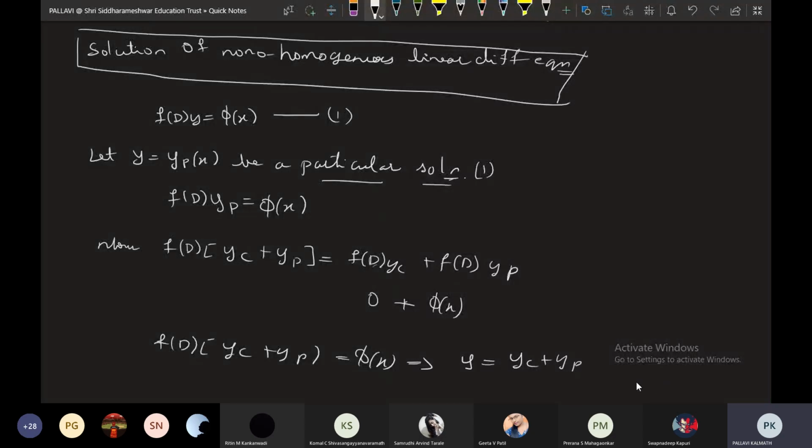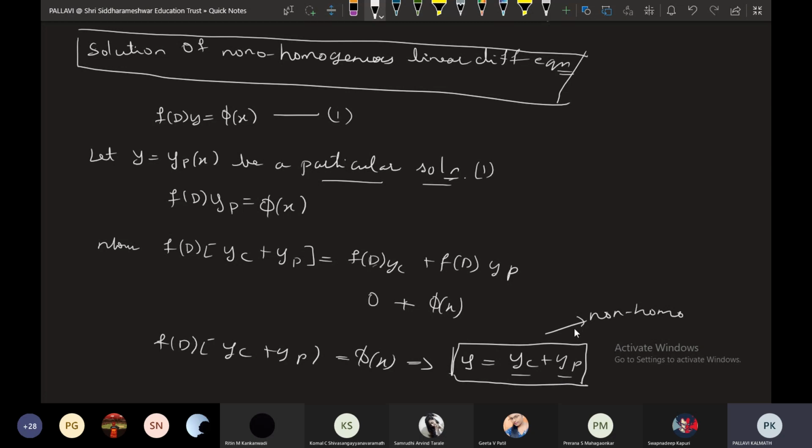This is all just theoretical, just remember this equation. When your equation is non-homogeneous, the solution will consist of both the complementary part as well as the particular part.